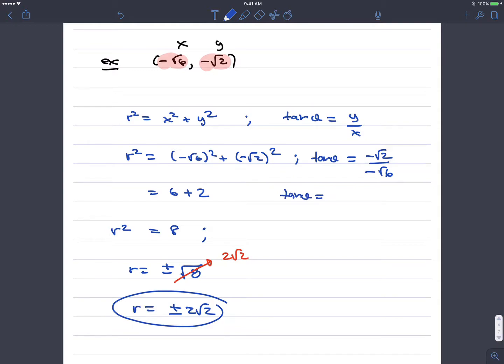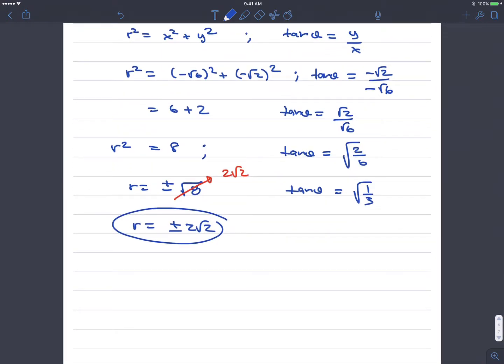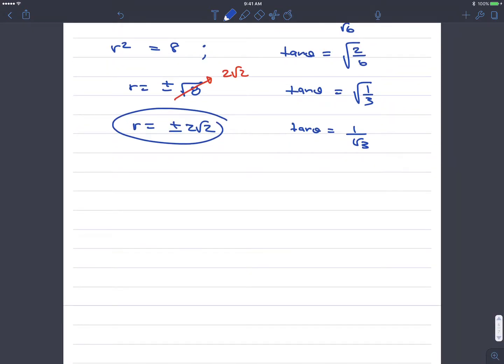Tangent theta is positive square root of 2 over square root of 6, which is square root of 1/3. Tangent theta is 1 over the square root of 3. Anybody happen to know what this is?